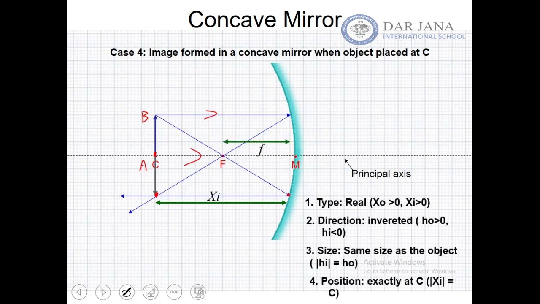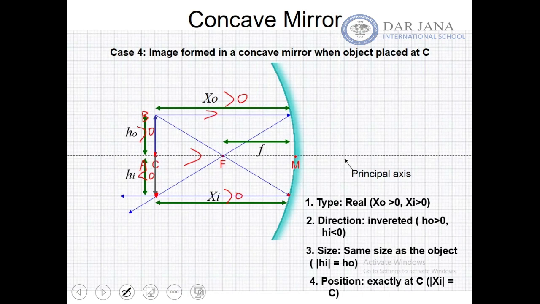Inverted means now in this case HI will be negative. XI, since it's real, will be positive. XO is always positive, as we said. HO in this case is positive, since it's upright, but the image height HI is negative, since it's inverted. The size of the image is exactly the same size, as noticed here.